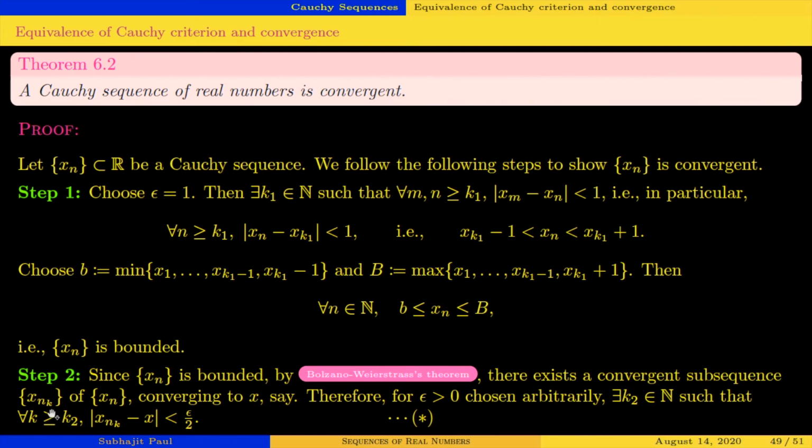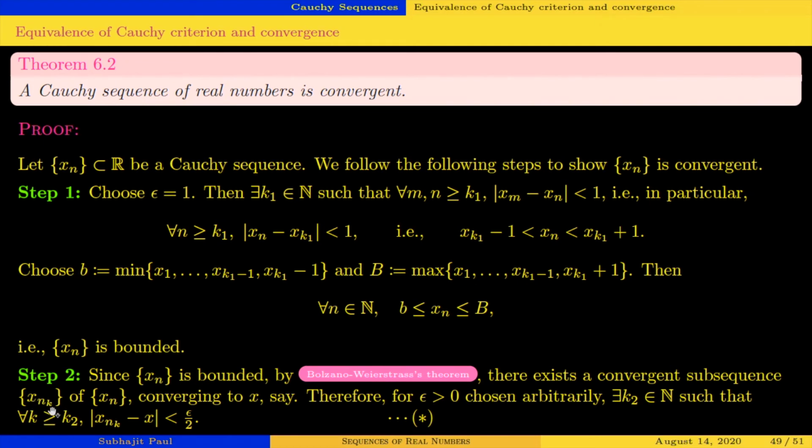The subsequence is running on k here. So for all k greater than k2, the absolute value, the distance between xnk and x is less than epsilon by 2. Understand that the intricacies of this proof are mostly due to the notation, the indices over here.